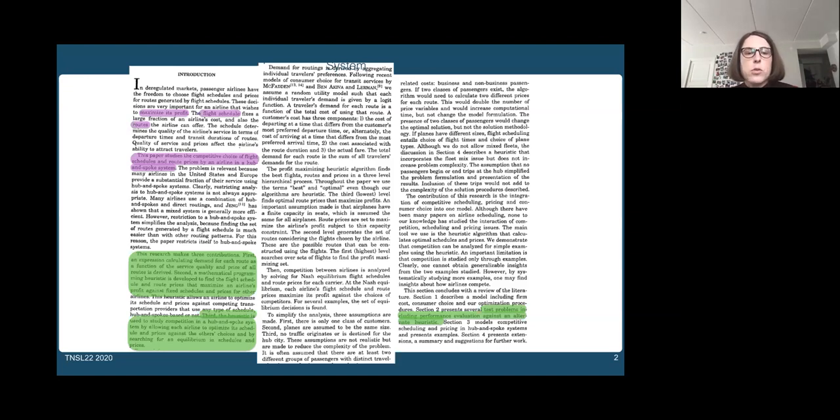And then they have those 3 contributions. And they have the expression calculating demand for each route. Then they have a mathematical programming heuristic that finds a flight schedule and route prices such that the profit of the airline is maximized. And then they use the heuristic to study competition in a hub and spoke system by allowing each airline to optimize its schedule.